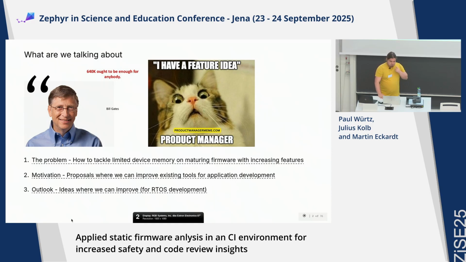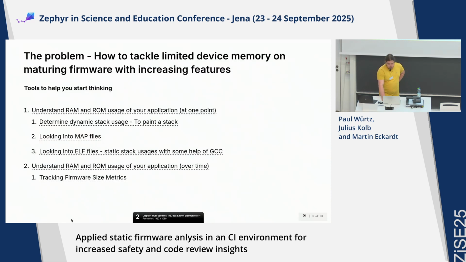And so I want to present some ways that already exist, how you can tackle that, where to get information where you can cut or optimize for memory, and how we could do that in a more automatic way and raise awareness between colleagues.